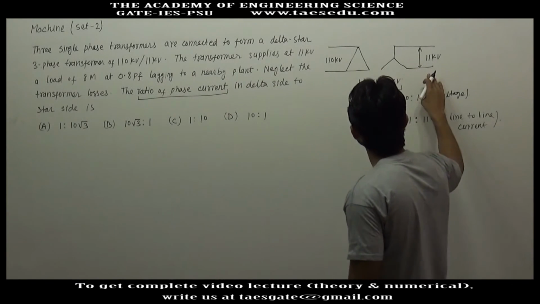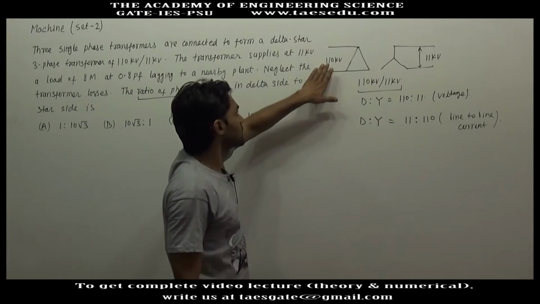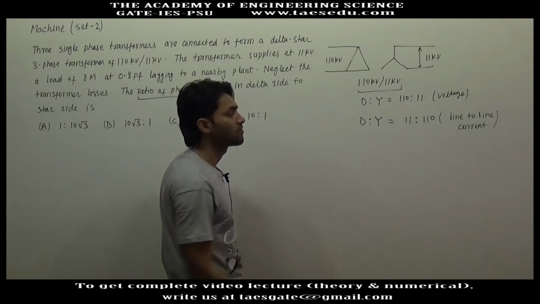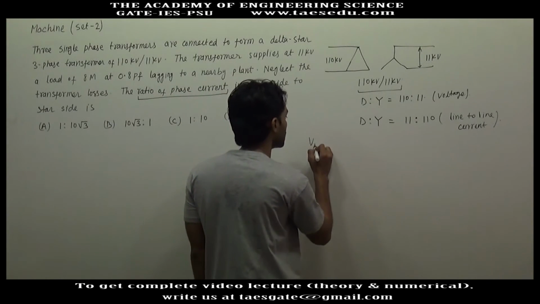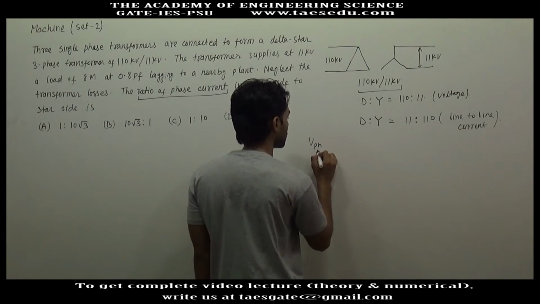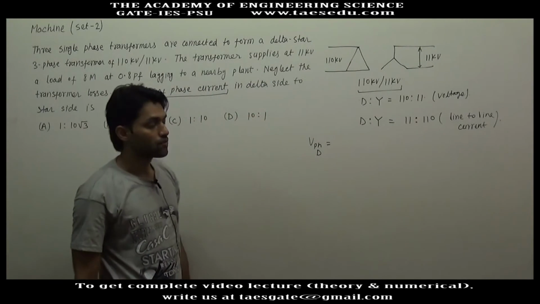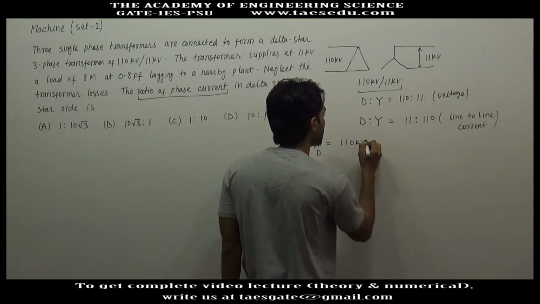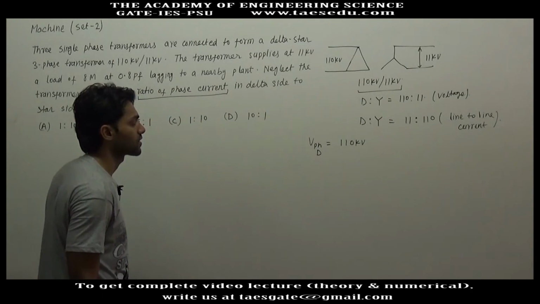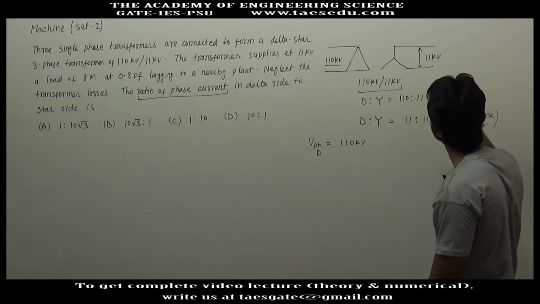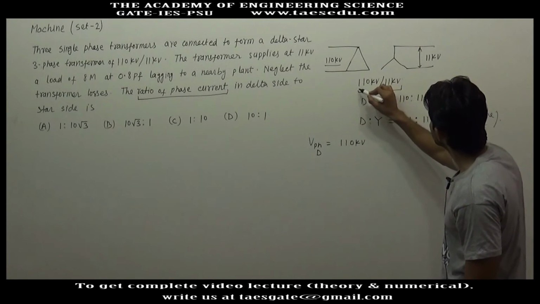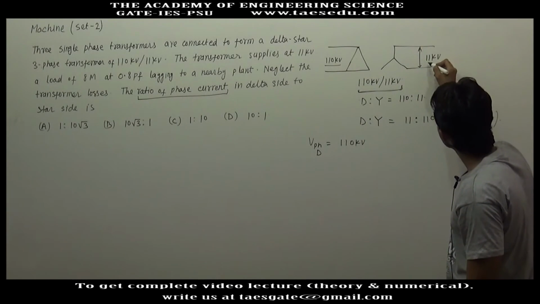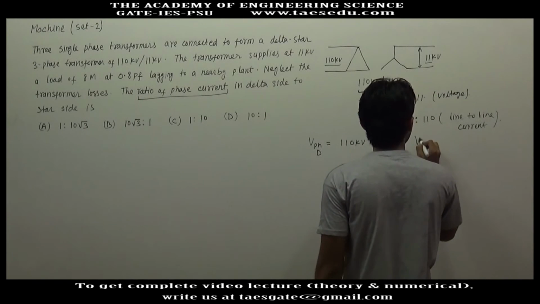So to find out the ratio of phase voltages, in delta side, let us assume line to line voltage is 110 kilovolt. Then what will be the phase voltage on delta side? In delta, line to line voltage is equal to phase voltage, so this will be 110 kilovolt only. And if line to line voltage is 110 kilovolt here, in a star side, according to line voltage ratio, on a star side line to line voltage will be 11 kilovolt.